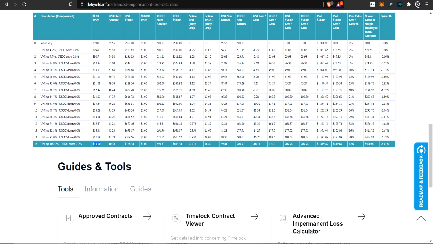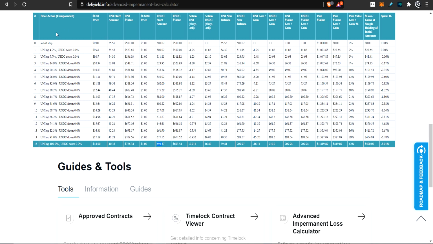So you've sold around 15 UNI and that's why the USDC has gone up, because the USD price hasn't changed, right? So UNI is being sold for USDC. That's why the USDC is going up, because the USDC price is staying static, but you're getting more and more USDC in your pool.